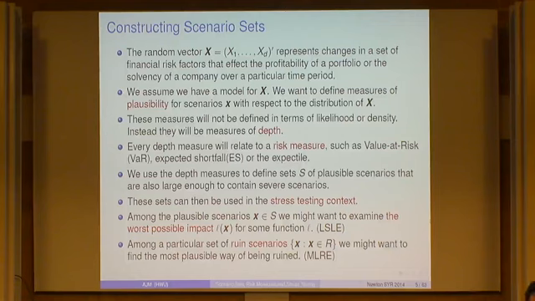These measures of plausibility will not be defined in terms of density or likelihood. Even though we sometimes use the word likely, of course it has a precise meaning in statistics in terms of the density. So I will avoid use mostly of the word likely and use the word plausible. And there are different degrees of plausibility.